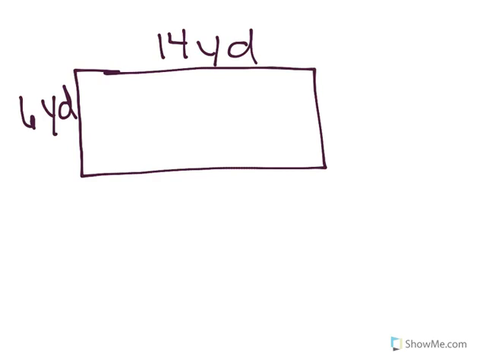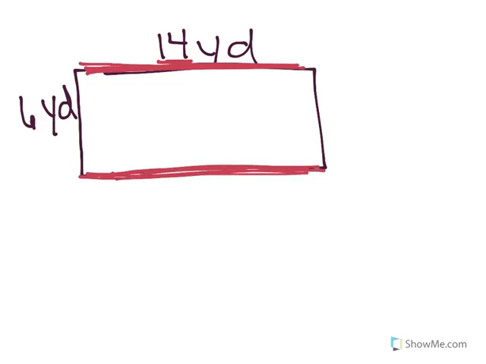So what I do, well, gee, if this long side, what do I know about rectangles? Well, I know that two of the sides are equivalent and the other two sides are equivalent. Well, that means that this length must be the same length as this side because they're directly opposite from each other. So if this side is 14 yards, then this side must be 14 yards as well.